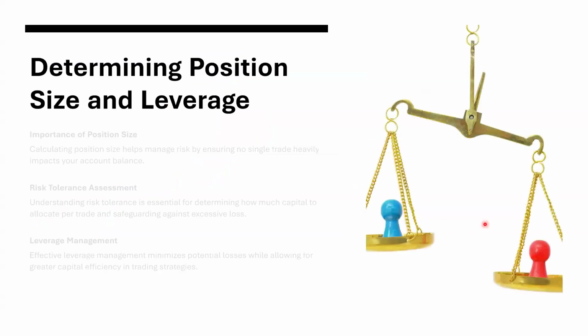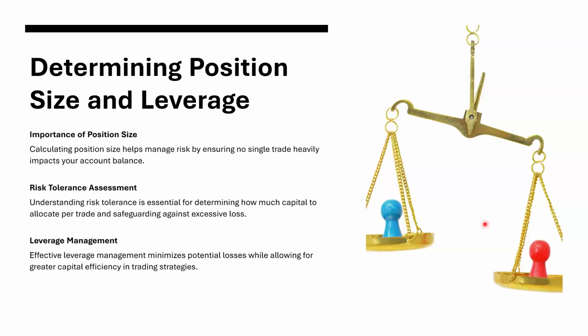So, determining position size and leverage. Importance of position size: calculating position size helps manage risk by ensuring no single trade heavily impacts your account balance. If you are good with risk reward ratio, you will understand this. Just study that more, know what you are doing.